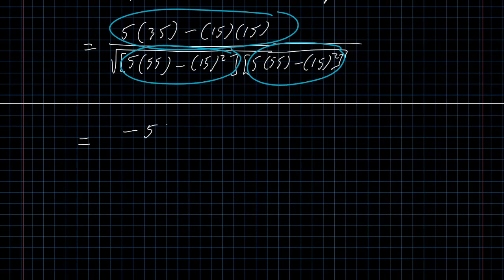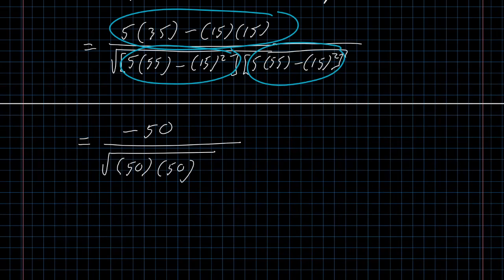I get negative 50 in the numerator. I get square root of 50 times 50.